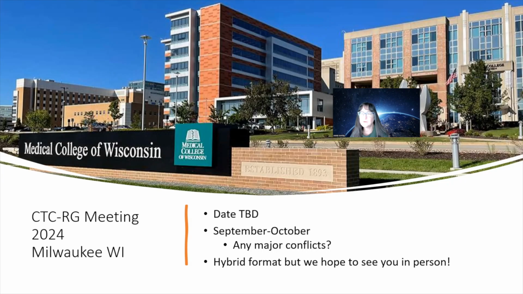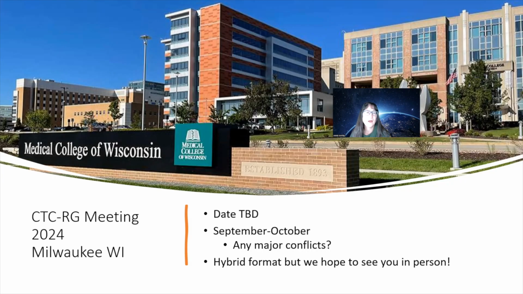Looking at venues, we have a structure now at MCW where we have to go through permissions and a couple different processes to have on-site events. But I don't see that being a problem. It's always more of a problem of getting a venue, because the medical students usually, well, always take precedence.